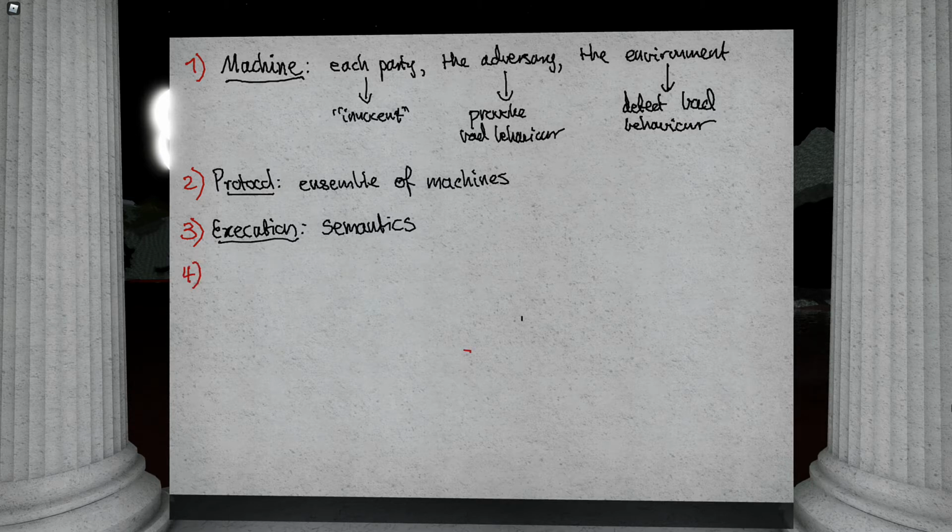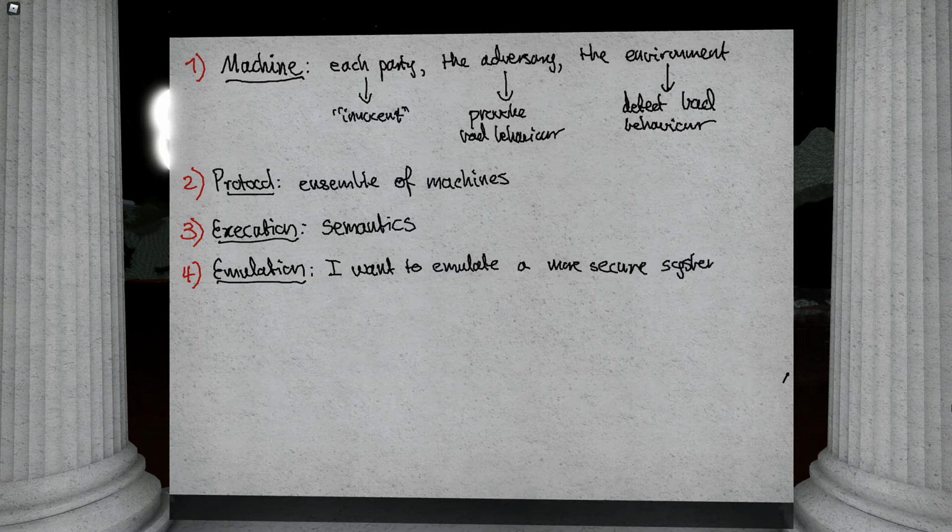And the fourth piece is a notion of emulation. So the idea is I want to emulate a fancier protocol using a simpler one. So I want to build a more secure system with weaker assumptions. A classic example of this is the TLS protocol that we use in HTTPS.